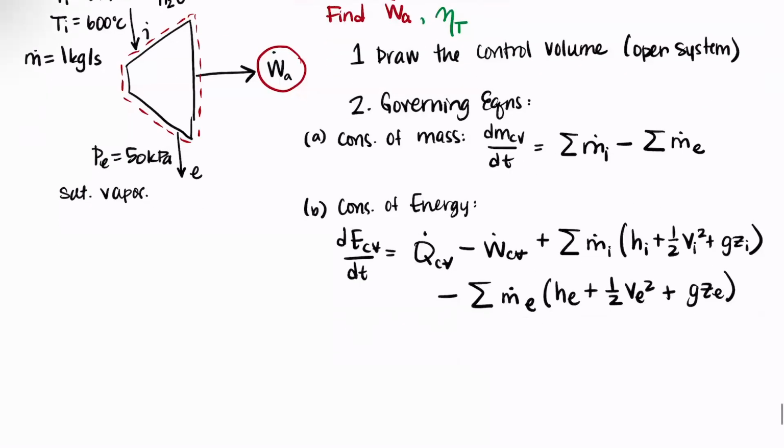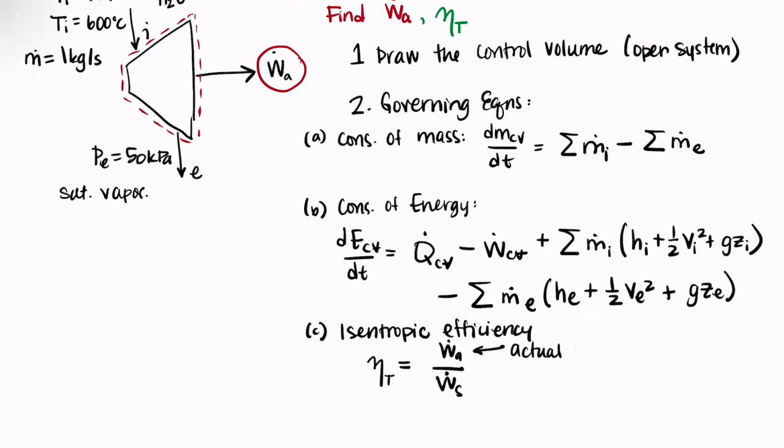All right. We also have an equation for isentropic efficiency. So we know that eta for a turbine is W dot A over W dot S. So this top one is our actual power, and then W dot S is our ideal power, or isentropic power.